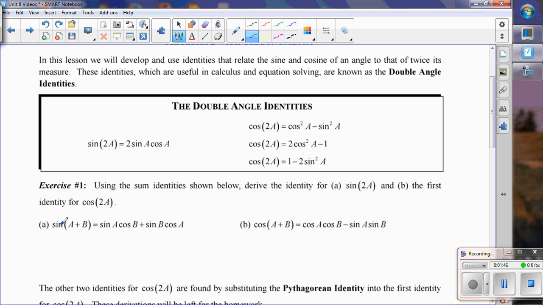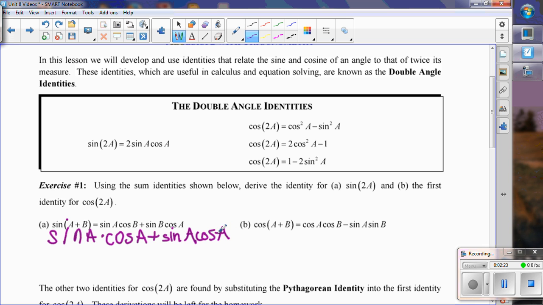We did this last night: sine of A plus B equals sine A cosine B plus sine B cosine A. And cosine A plus B is cosine A cosine B minus sine A sine B. Now if we're going to double the angle, both angles are going to be A. So this would be sine A times cosine A plus sine A times cosine A again.